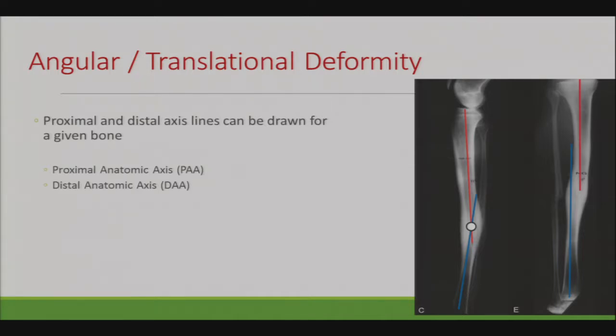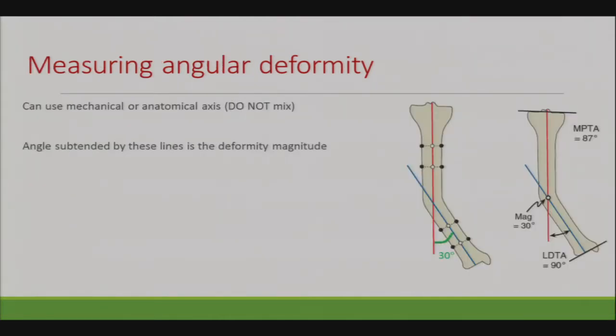So for angular and translational deformity, the bone has a deformity and there's a defined proximal and distal axis. That's the first thing to know about deformity correction and deformity analysis: there's a proximal anatomic axis and a distal anatomic axis that may or may not cross each other. We'll start with angular deformity.